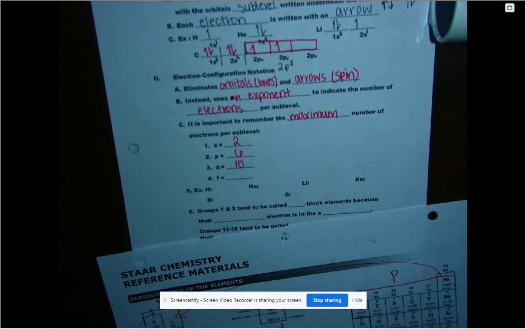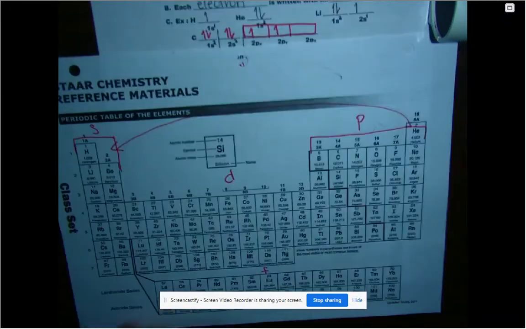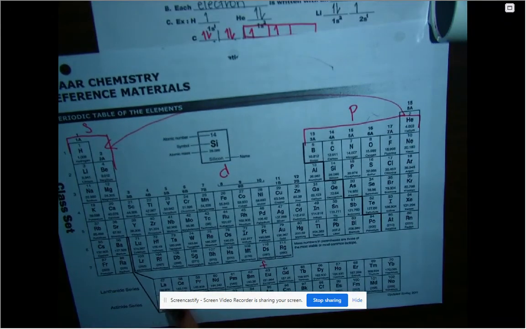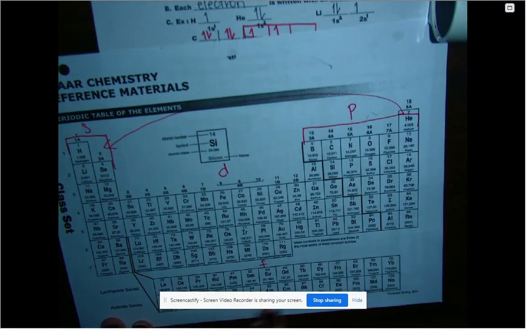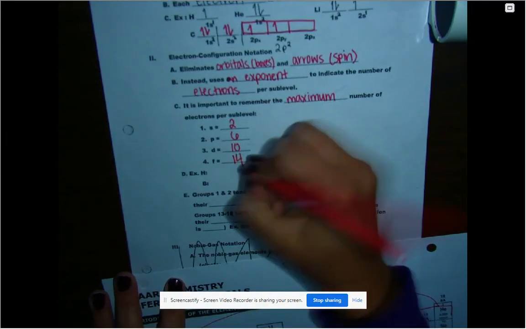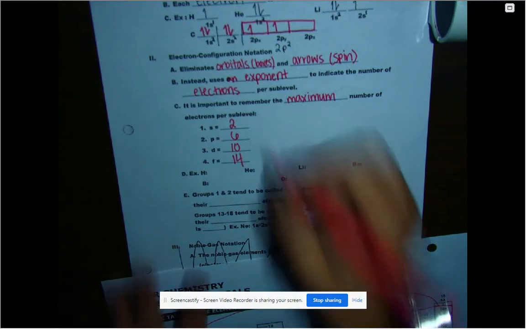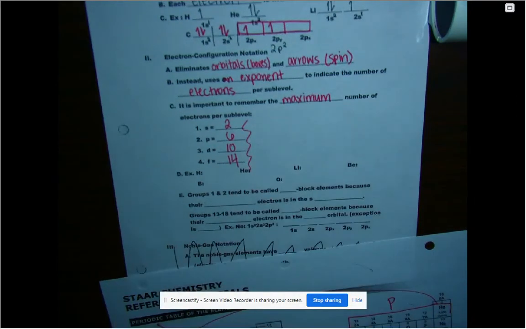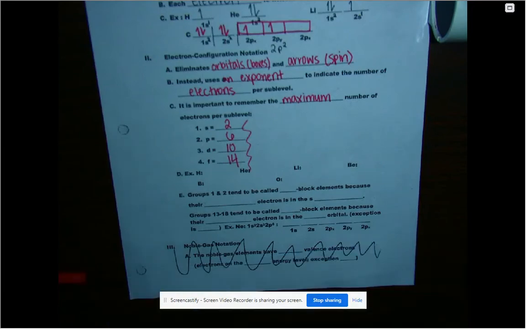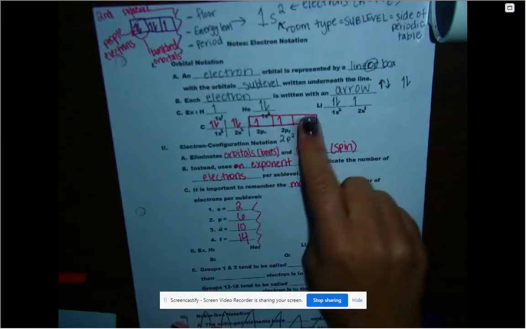So D can have 10, and we're going to put 10 right here. That's their maximum. And then F, I won't torture you. That one goes 2, 4, 6, 8, 10, 12, 14. It goes 14 across. So 2, 6, 10, 14. Put a little squiggly line, because that's all fun and games, but you have to know how many lines to draw when you're dealing with orbital diagrams.